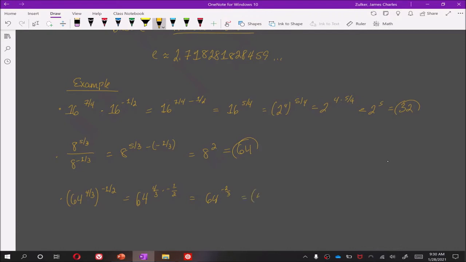Now 64 is 4 cubed. So this becomes 4 to the 3 times negative 2/3, which is 4 to the minus 2. 4 to the minus 2 is 1 over 4 squared, and so this is 1 over 64.